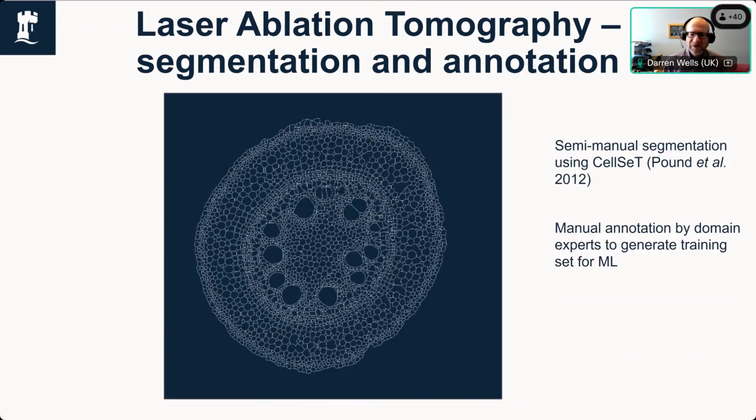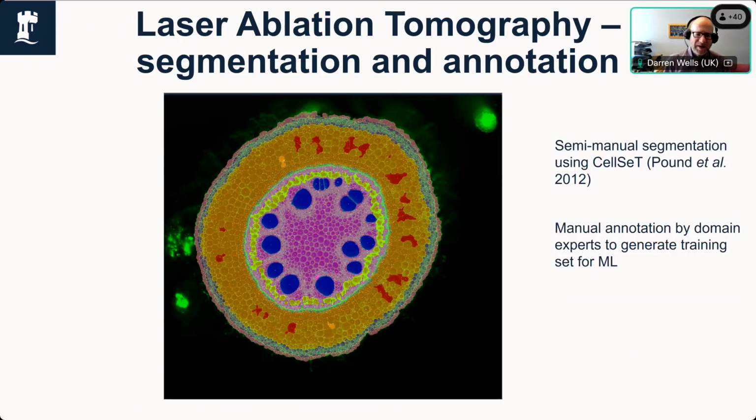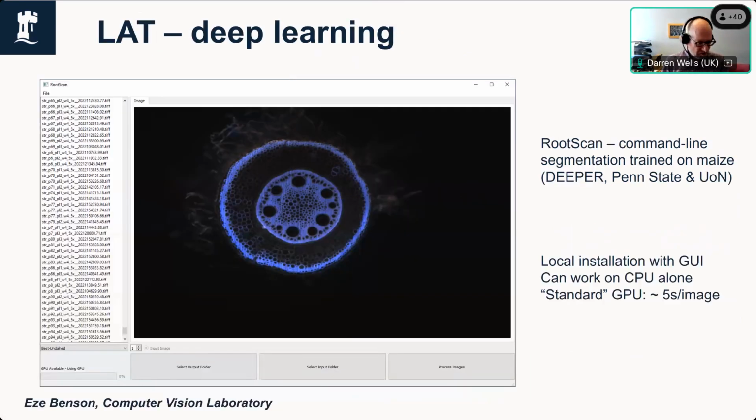And then you can manually sit down and say, right, this is my epidermis, this is my endodermis, this is my cortex, mark up the various tissue layers that were on the slide before. Then you can give this to a machine learning program to try and see if you can do it automatically. And it's quite tricky. This annotation step takes quite a long time. So we have a relatively small training set, but we do have a system that works really well.